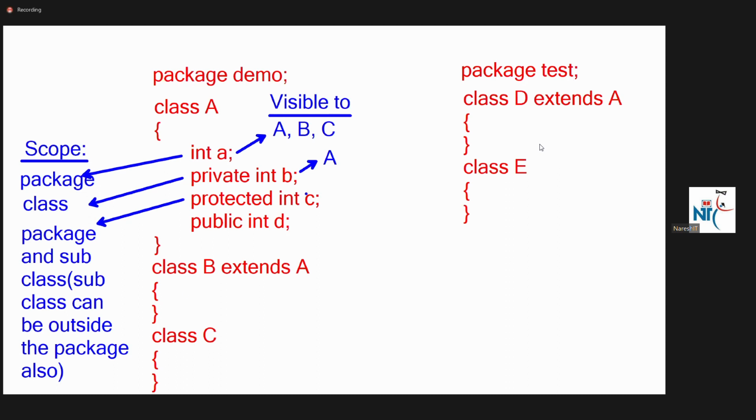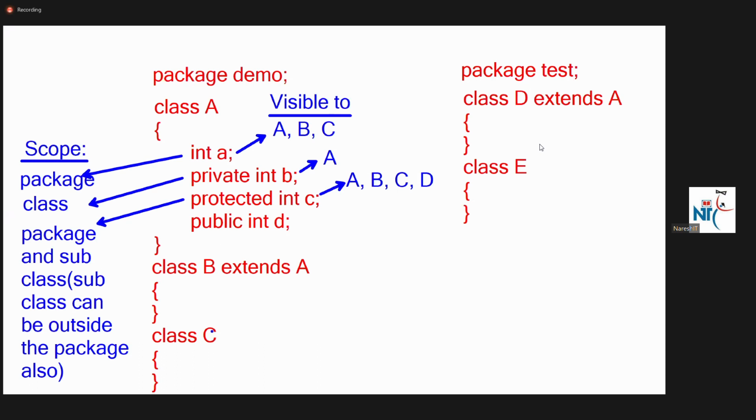That means package scope means A class, B class, C class. Subclass scope means D also. Can we access it in E? No, because it is not a subclass. It is not in the package. But how is it accessible in C?